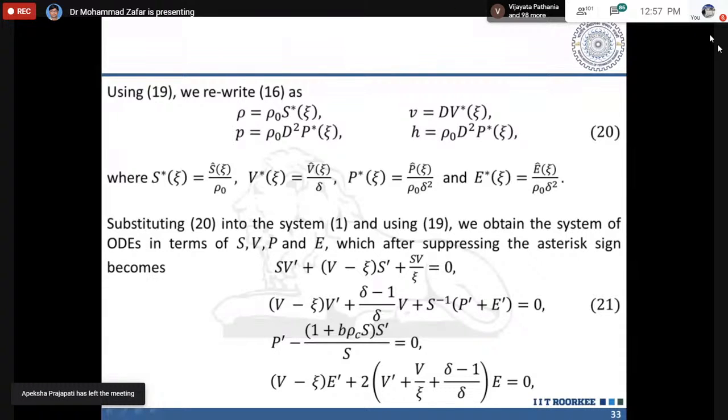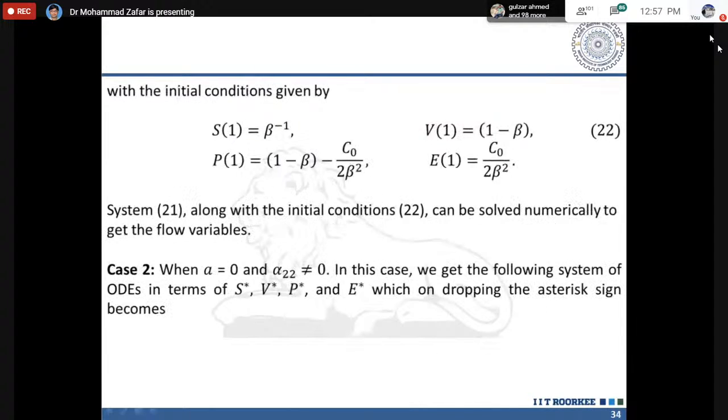So there are 5 unknowns but 4 equations. So we use what is called similarity solution of the second kind, where 1 more parameter is unknown, which we determine by using an eigenvalue problem. So let us see the next slide.